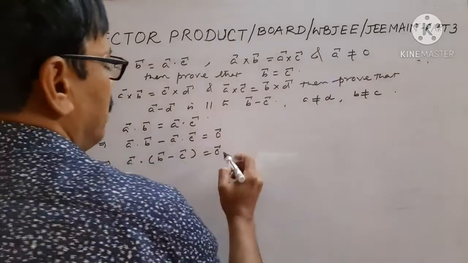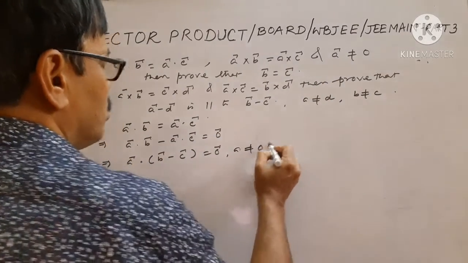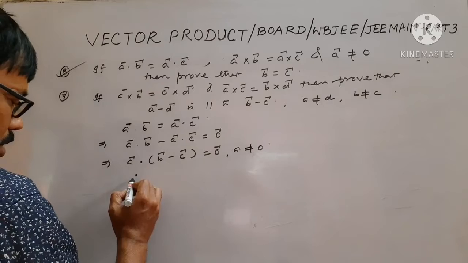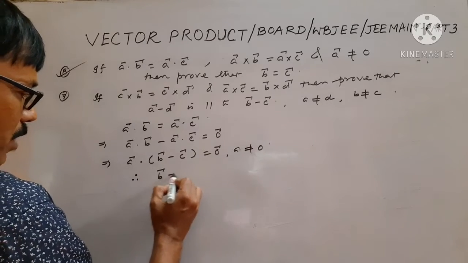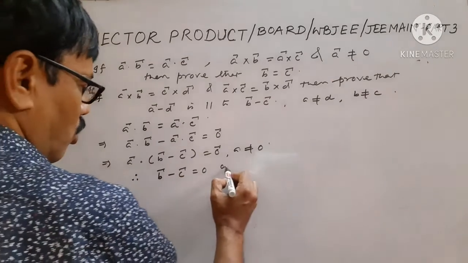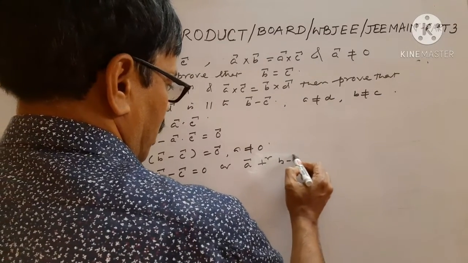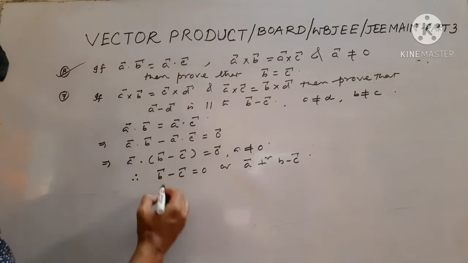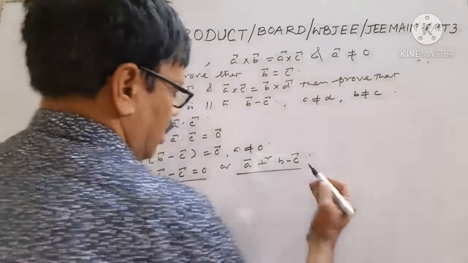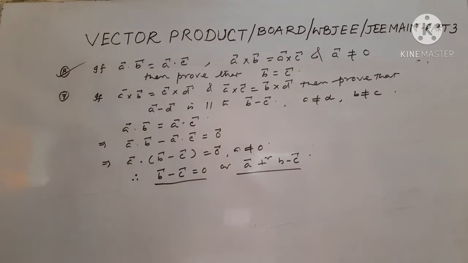But here it is given A not equal to 0. Therefore we get B minus C equals 0, or A perpendicular to B minus C. So we are getting two possibilities, this and this.